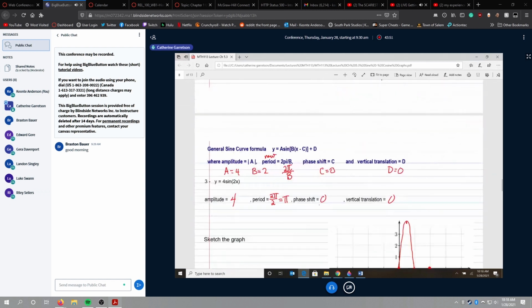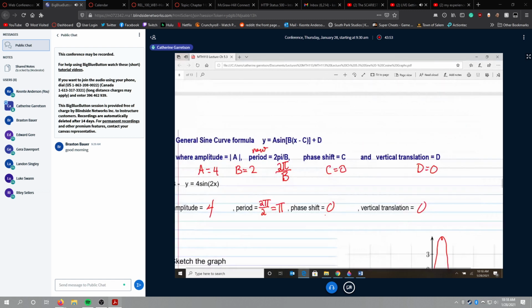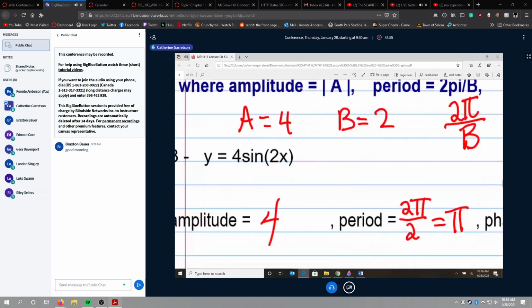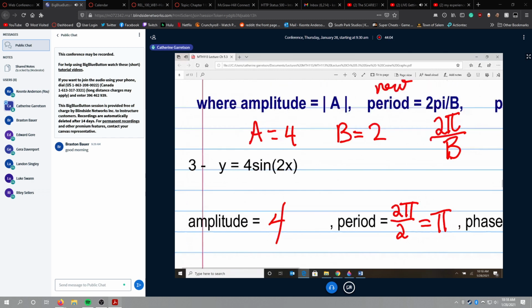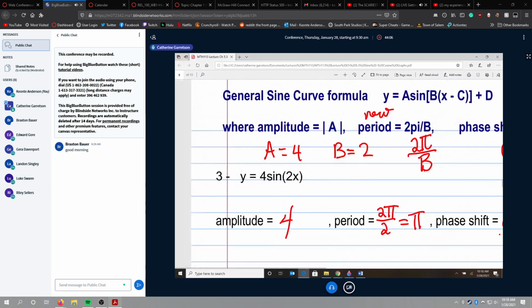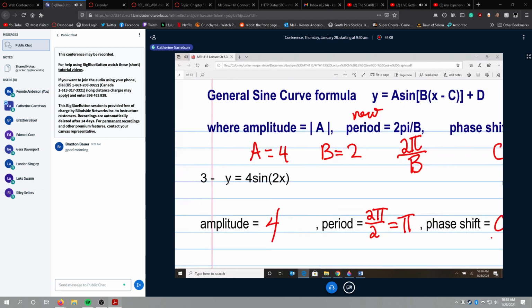All right, now we got another one. So this time we got this curve here, 4 sine 2x. So I'm going to compare it to my little thing here. And some parts of these are missing, like there's no D, right?